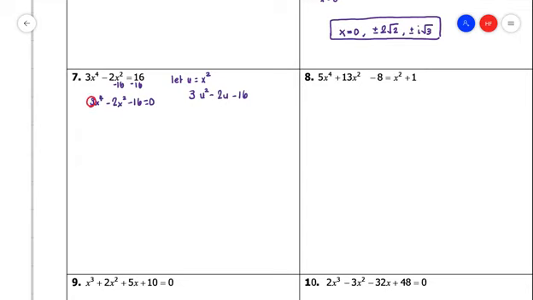We'll have to slide and divide, so I'm going to move that 3 over with the 16. Get x to the 4th minus 2x squared minus 48. Now we need two numbers that multiply to negative 48 but add to negative 2. Those two numbers are negative 8 and positive 6. So we've got x squared minus 8, x squared plus 6.